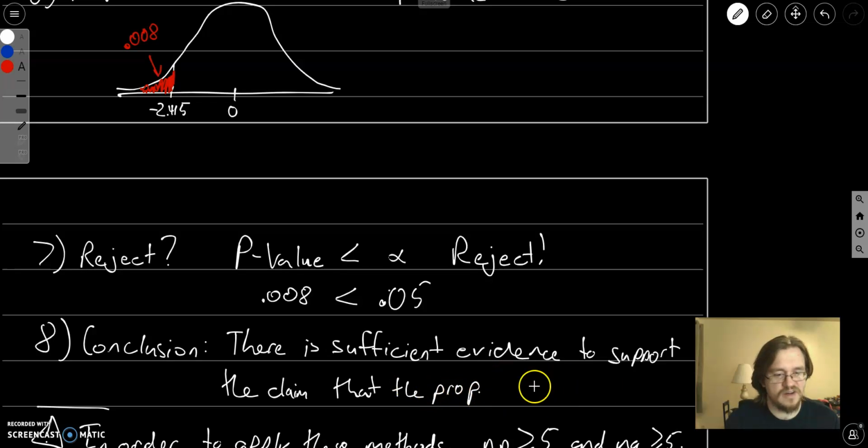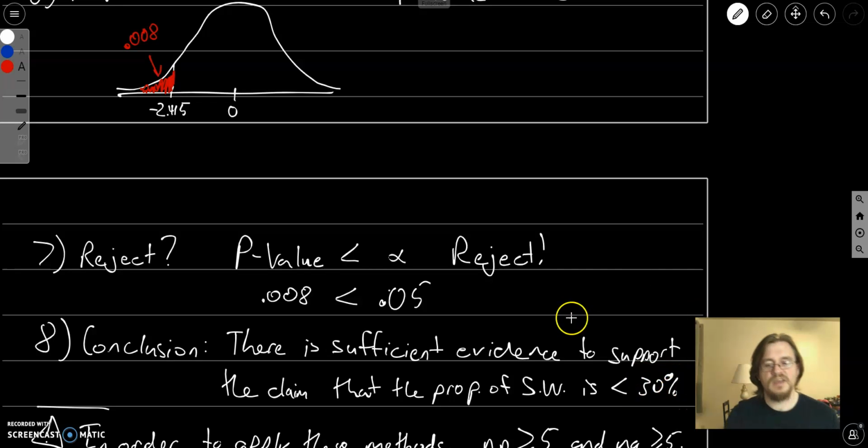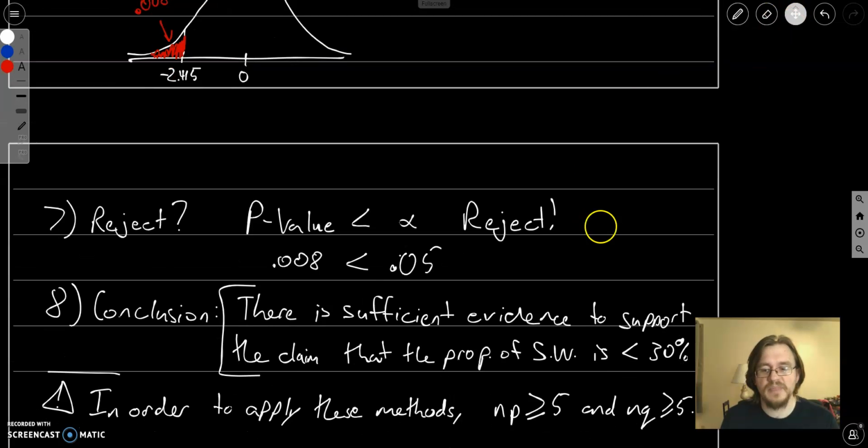I'm going to abbreviate here, I'll run out of room. And that's our conclusion. We can reject the null hypothesis, which says that the proportion of sleepwalkers is equal to 30%, which means that we can support the claim that the proportion of sleepwalkers is less than 30%.